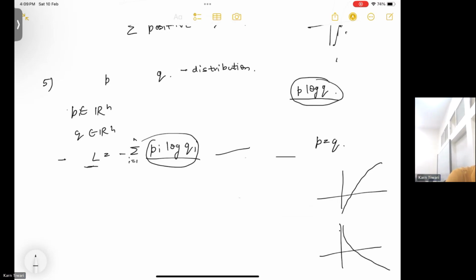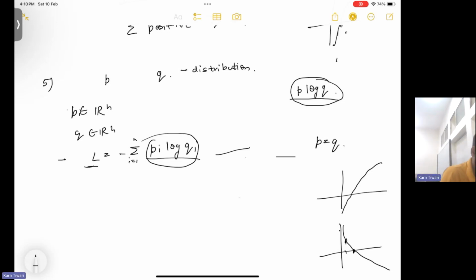This is what log Qi will look like. The thing about Qi is that it will be between 0 and 1, so it will be a certain value, and Pi is already given.